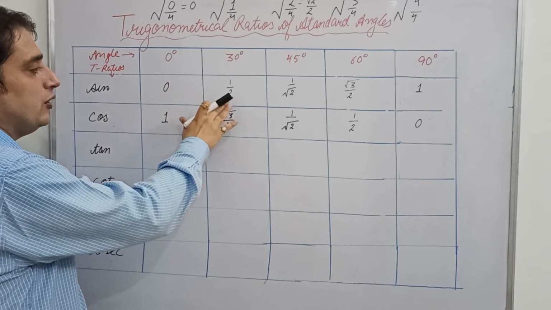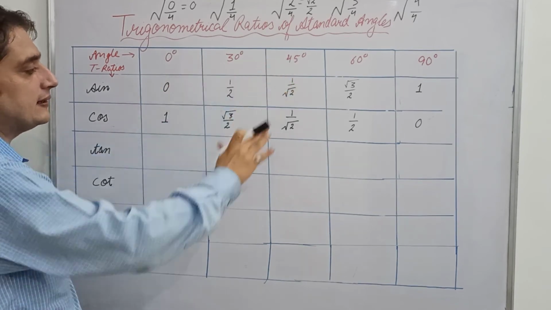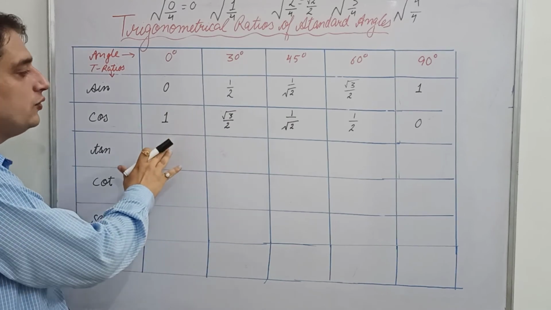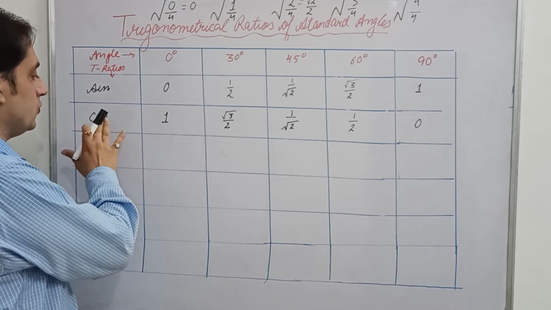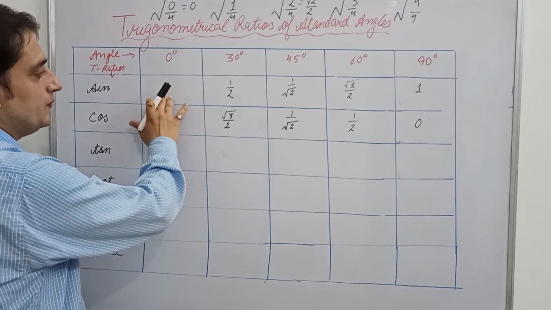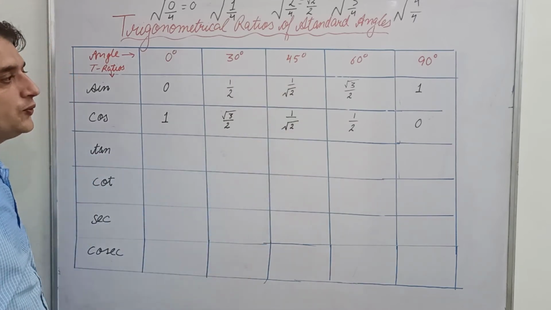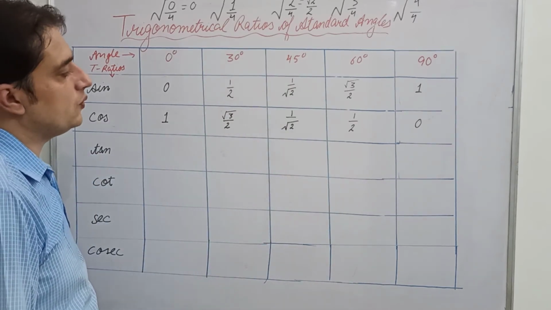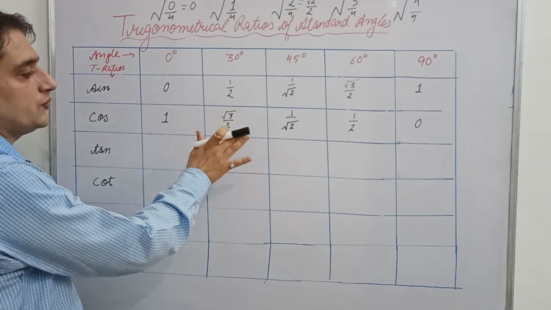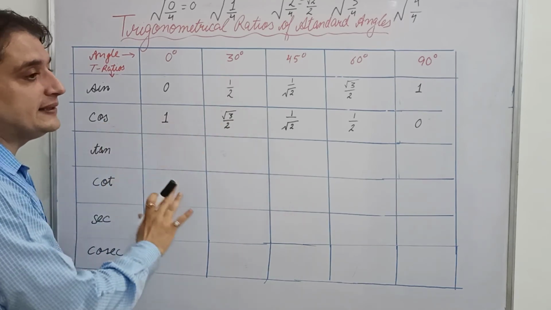If you know the values of the T ratios for sine of these angles, you can easily find the value of the cosine of these angles. Here the value of sine 0 is 0, sine 30 is half, sine 45 is 1 by root 2, sine 60 is root 3 by 2 and sine 90 is 1. If you know these values, you can find the value of cos very easily without making a table.